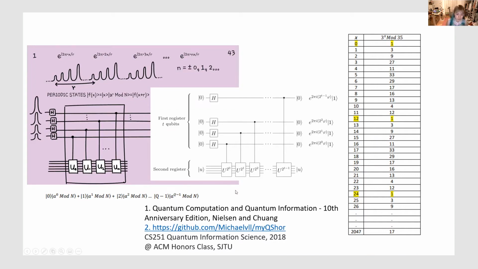This picture is from the book by Nelson and Chuang, which I recommend you go to. I think with the knowledge that you have accumulated following this class, which is kind of a bridge between zero and this book, the book might be quite useful for you to continue your studying, and is a very good reference book.